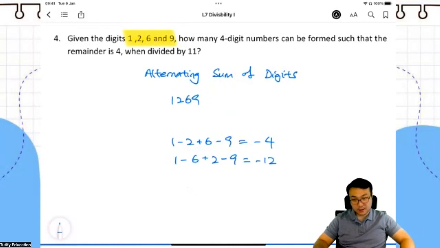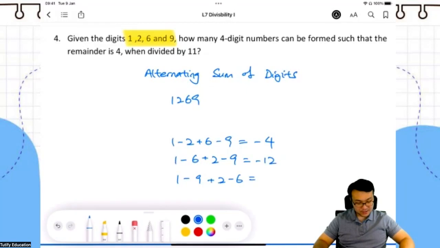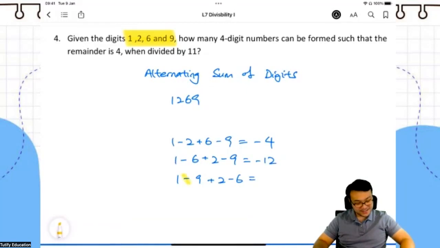Let's permute it again. Let's try 1, 9, 2, 6. What is the alternating sum? Well, it's negative 12, yes, it's the same, right?